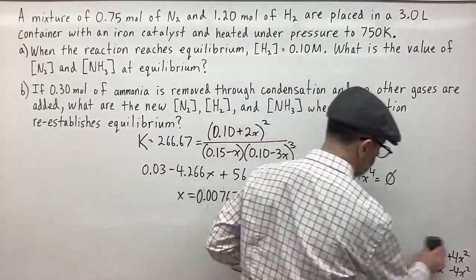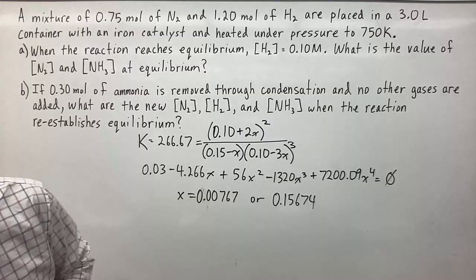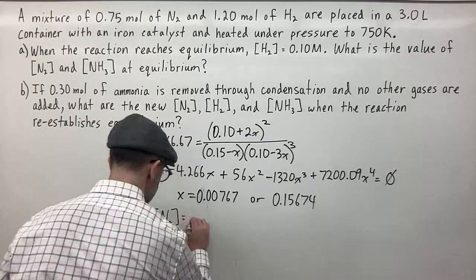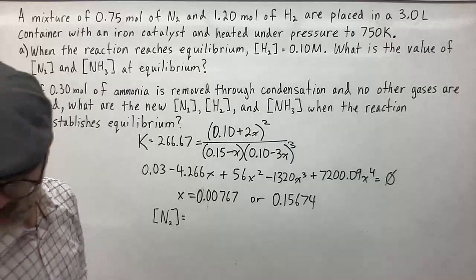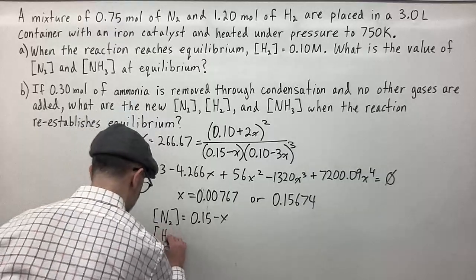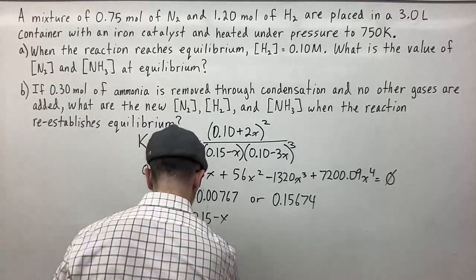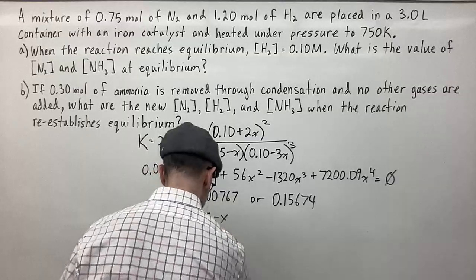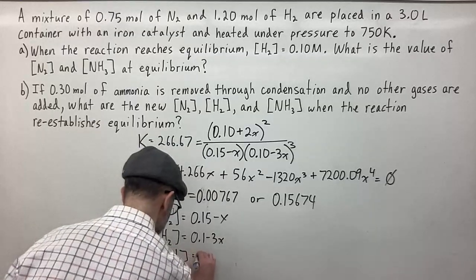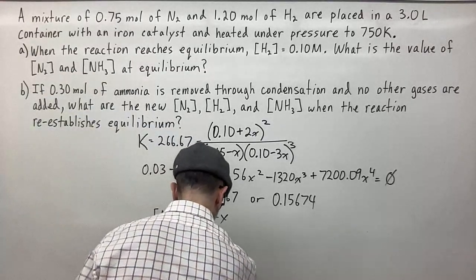So if you remember, the concentration of N2 was equal to 0.15 minus x, and the concentration of H2 was equal to 0.1 minus 3x, and then the concentration of NH3 was equal to 0.1 plus 2x.